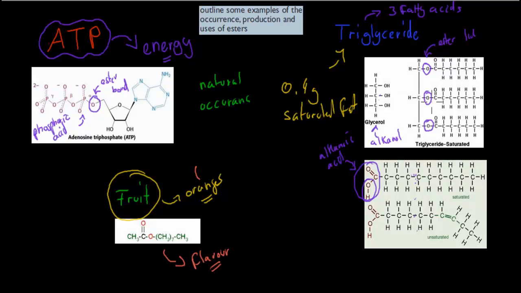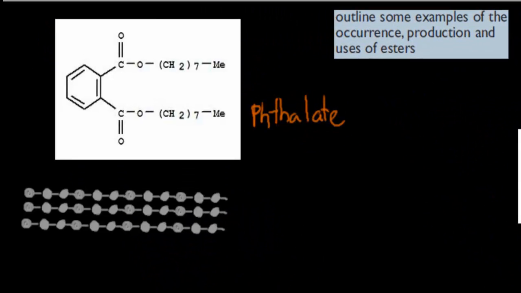When they combine, these ester bonds form, and then we have our actual ester being formed. That's what is meant by production: what has to happen for the ester to be there. So triglyceride is our ester, and its production was glycerol combining with saturated or unsaturated fatty acids to form the triglyceride. That's what is meant by occurrences and production, and the uses just refers to what they actually get used for. I go over a couple of different uses as well.